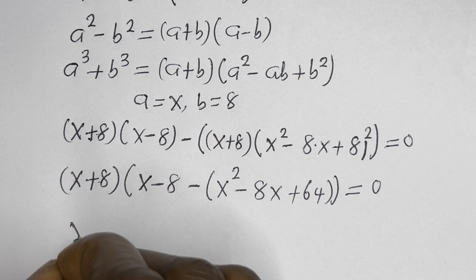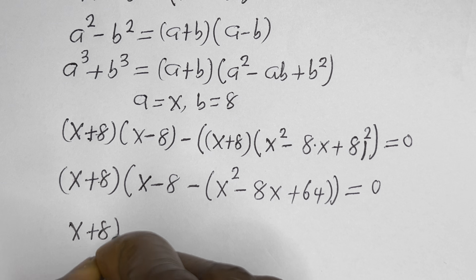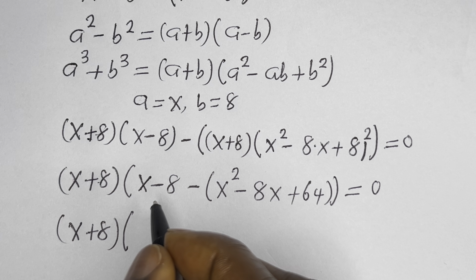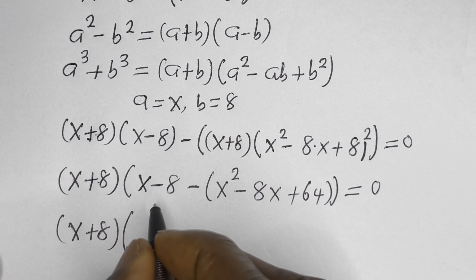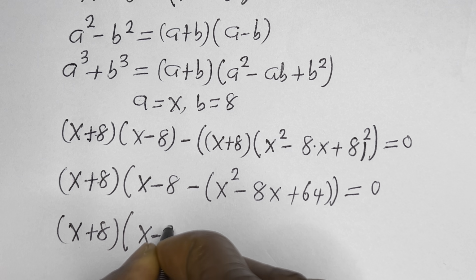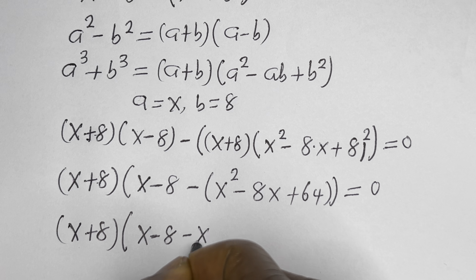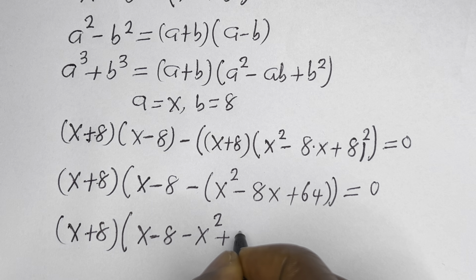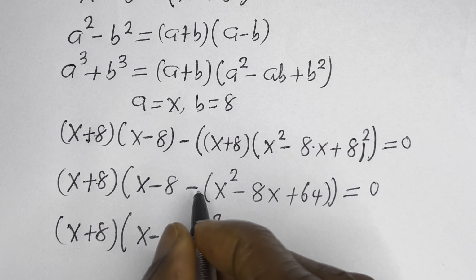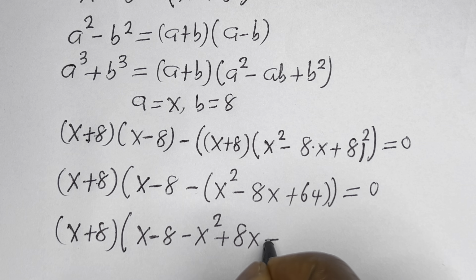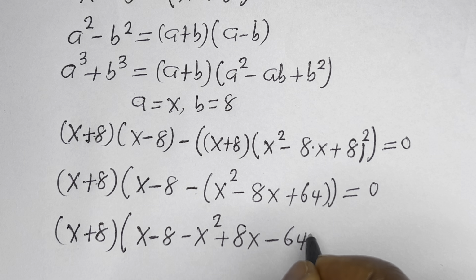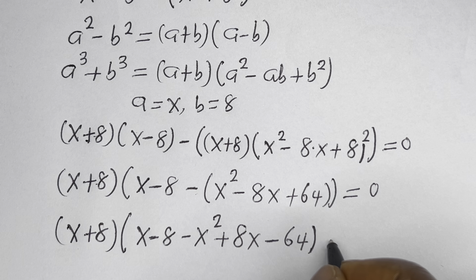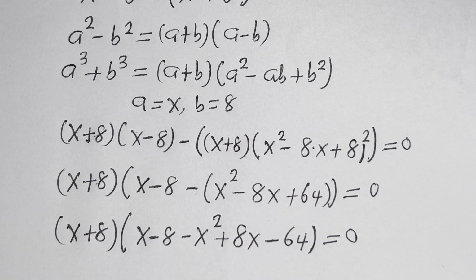Now here is s plus 8 bracket, here is s minus 8 minus s square, minus times minus 8s, this is plus 8s, minus times plus 64, that is minus 64, is equal to 0.